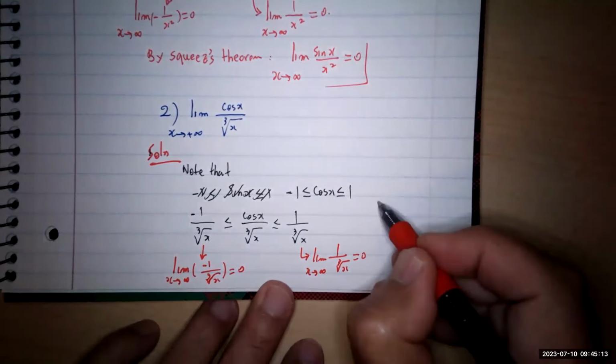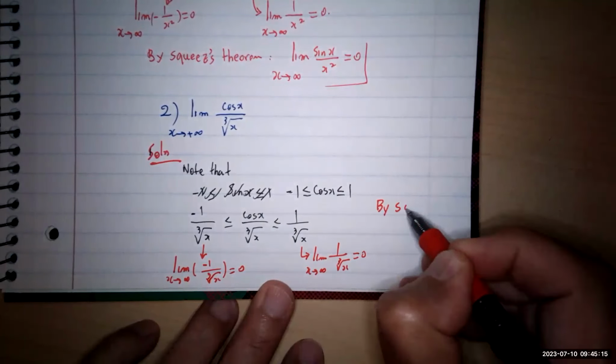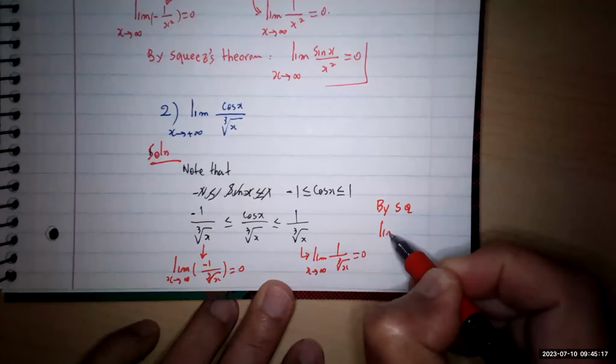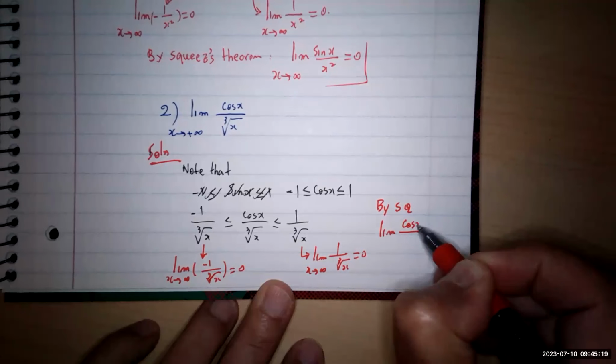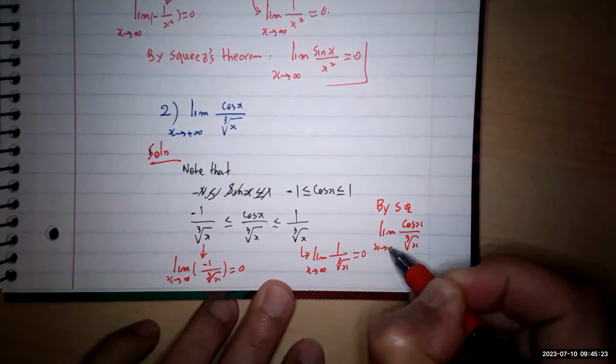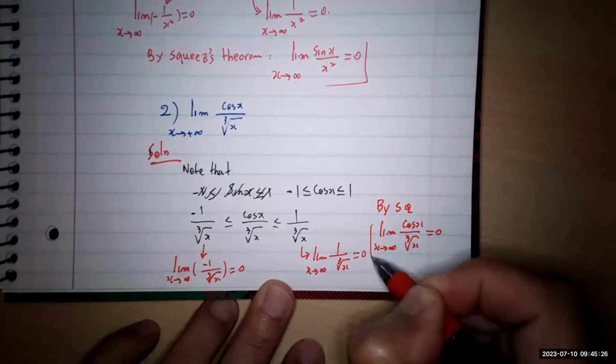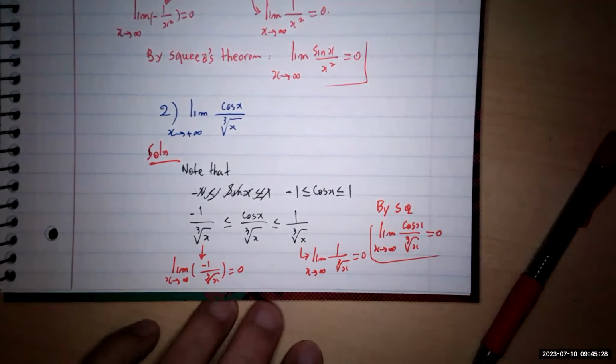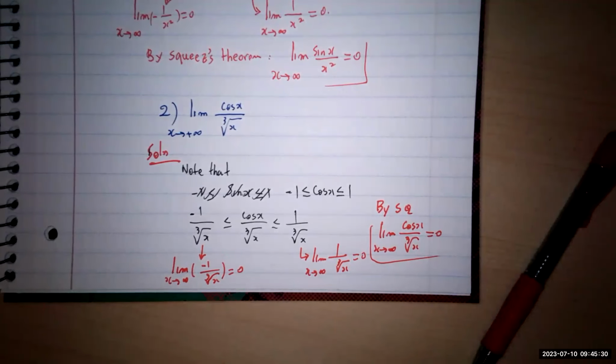So again, by a squeeze theorem, the limit of the cosine x over cube root of x as x goes to infinity is going to be equal to 0, and then you're done. Okay, so this is a kind of special one that you are going to use quite a lot in future to get this true.